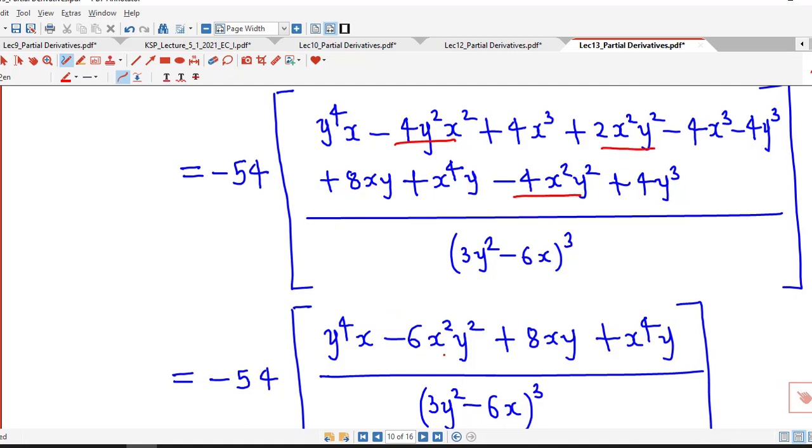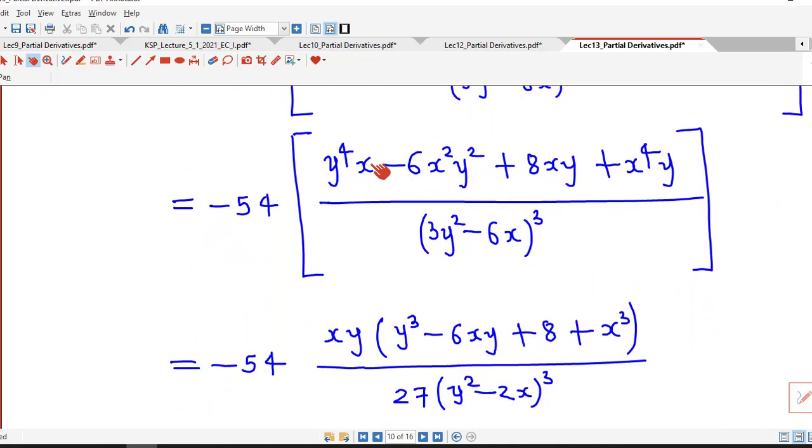So it is minus 6x square y square plus 8xy. There is only one term. This 4x cube will cancel out with minus 4x cube. 4y cube will cancel out with minus 4y cube, and x raised to 4y is written here.